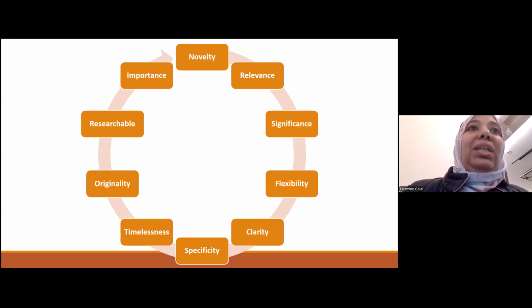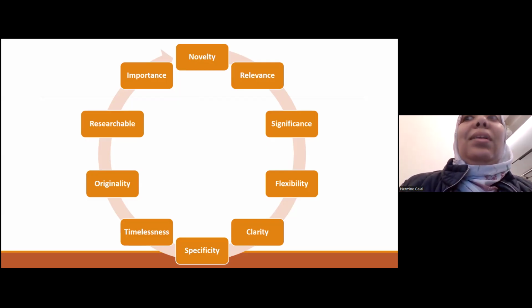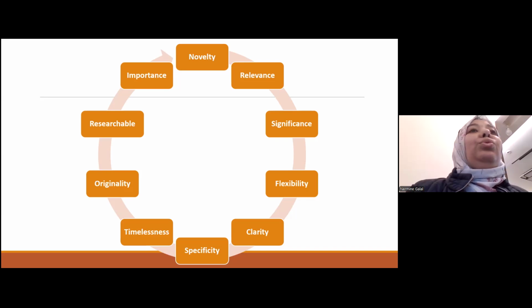The results would really add to the body of knowledge and to your and others' understanding of the phenomenon being discussed. Flexibility: being flexible, you can handle the different variables that interfere with your research question. You can tackle it in a flexible way. You have access, you can work with it.